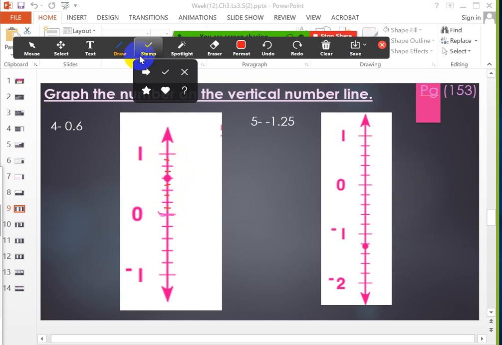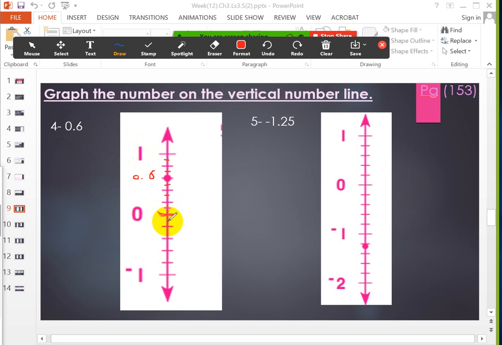Now count the parts: 1, 2, 3, 4, 5, 6, 7, 8, 9, 10. I have 10 parts between 0 and 1, so you have to count 6 because you have 6 tenths. So 1, 2, 3, 4, 5, 6. This is the number 0.6.